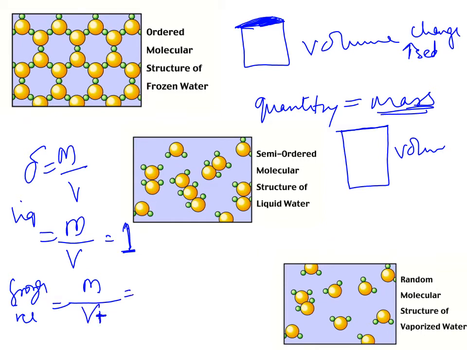So the density is probably less than 1. Less than the value here. That's what I'm trying to say, which means it has got less density.